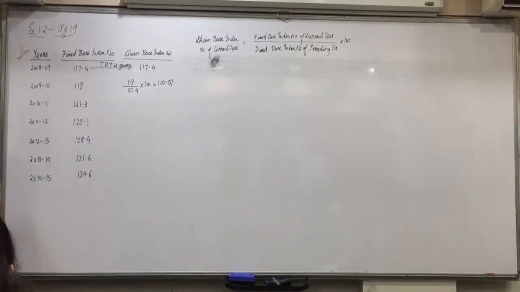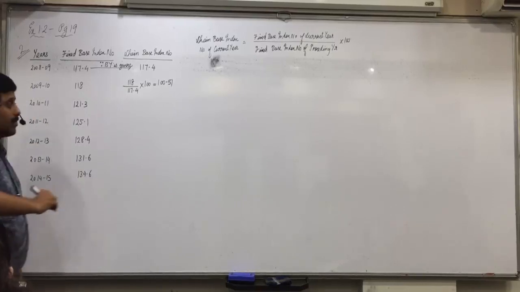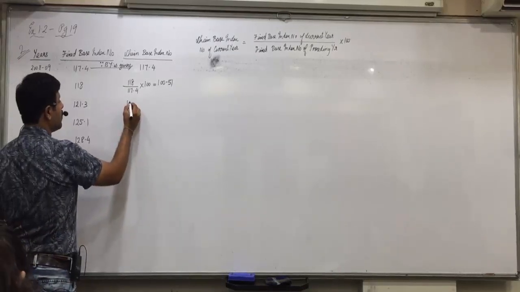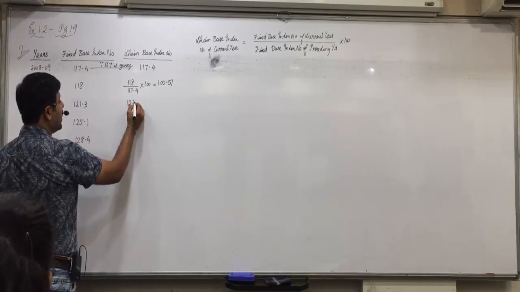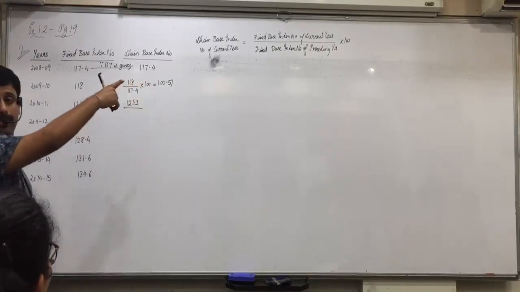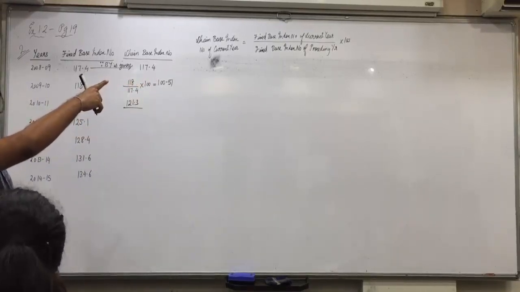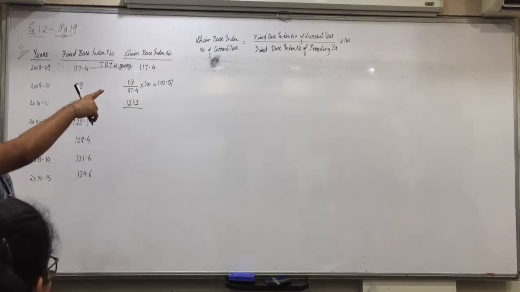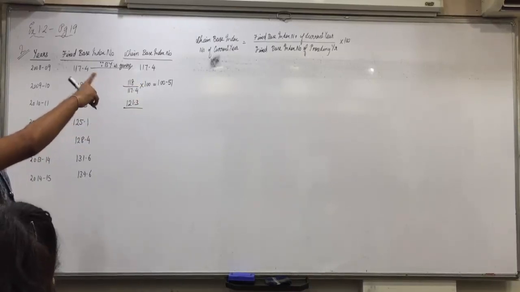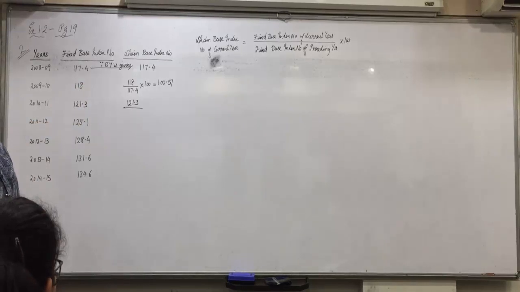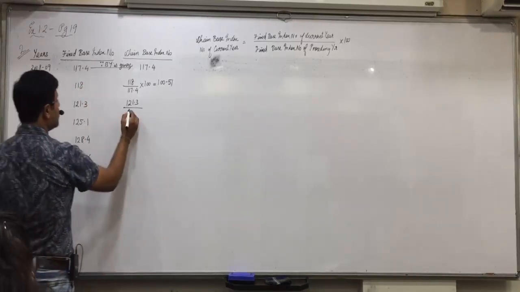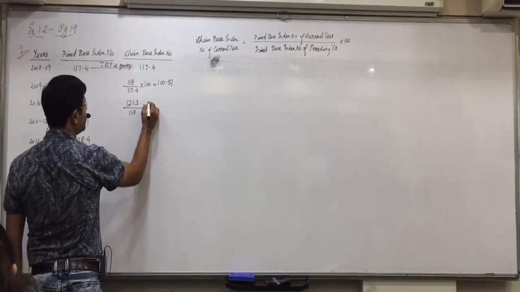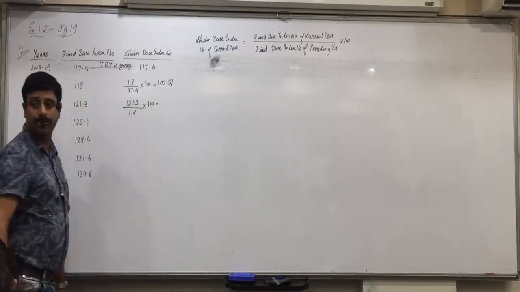How will you count? 121 upon 117.4. No. Current year, read the formula. 121.4 upon what is it written? Upon 117.4. What is it written? Read the formula. 118. Preceding year. So 118 into 100. Tell me the value.